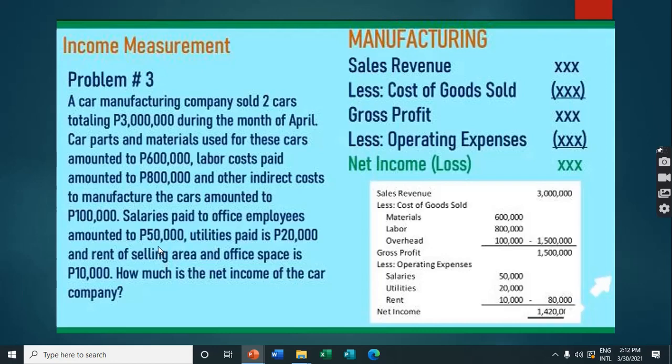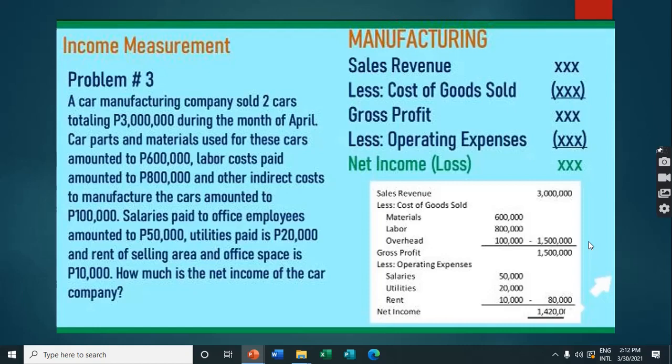So, that is 50,000. And sa utilities naman, 20,000. And sa rent expense, 10,000. So, magkano yan yung operating expenses mo? So, we have 80,000. So, ang laki pala ng net income natin.